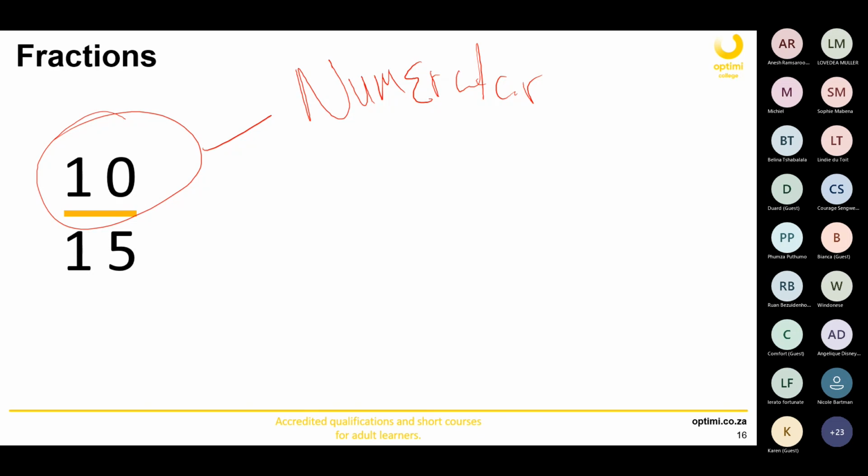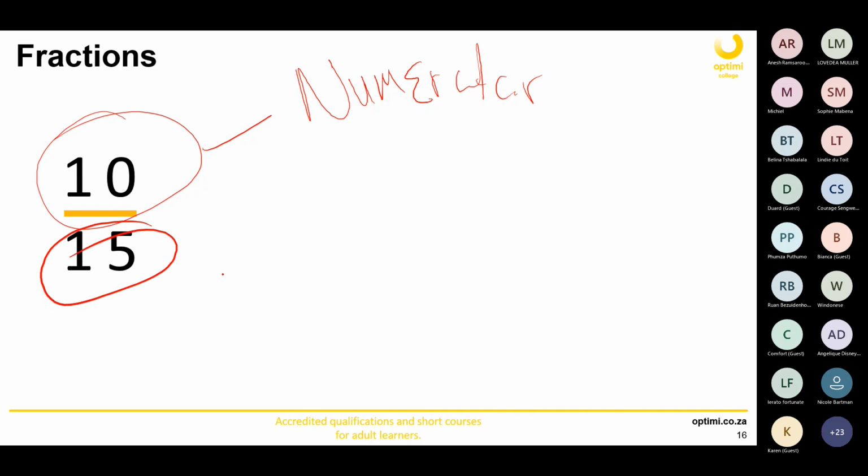Okay, so let's continue. The 10 is the numerator. If I'm talking to you as the numerator, I mean the 10 is the number that indicates how many parts have been selected. In this case, 10 parts have been selected.